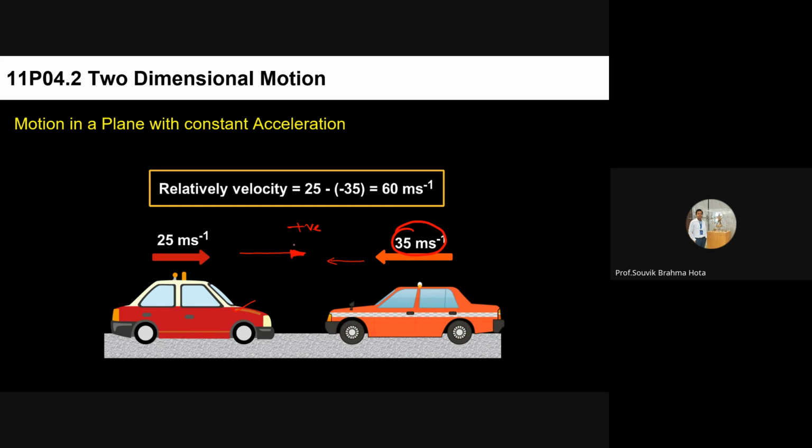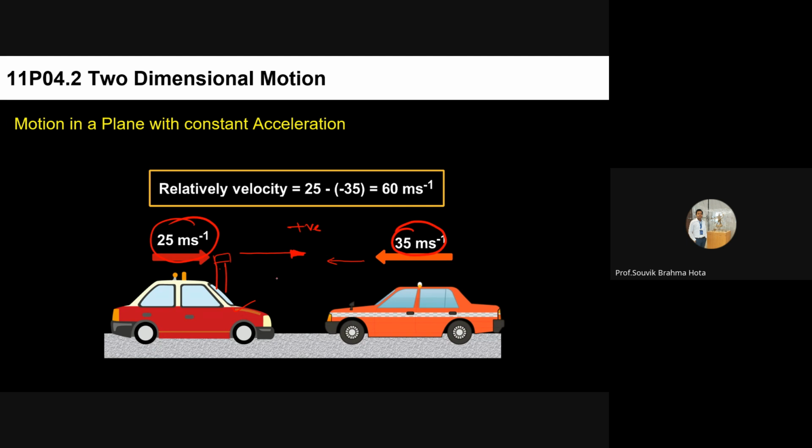Guess how you think of it? If you are the observer sitting on this red taxi, the trick is that you should give your velocity to this orange taxi in the opposite direction.